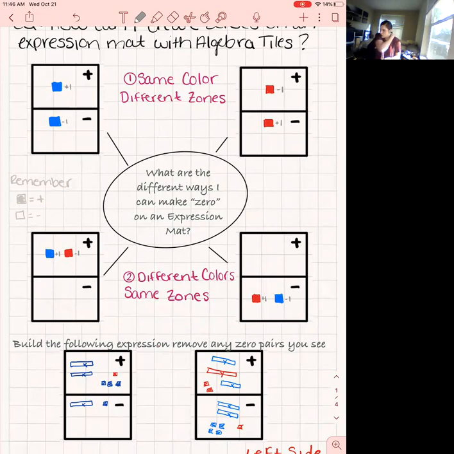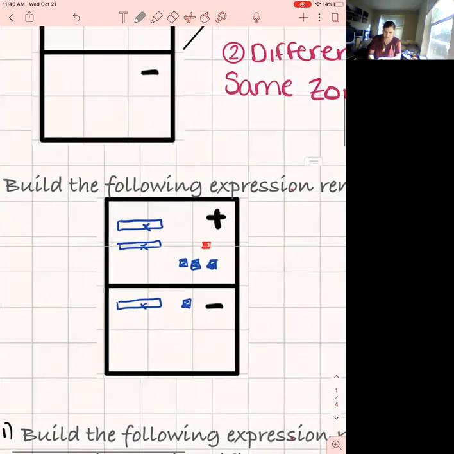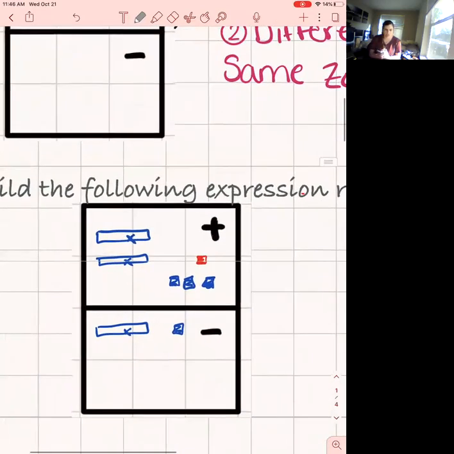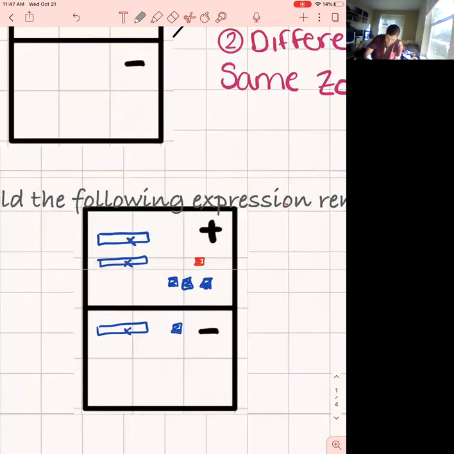All right, so we are looking for 0 pairs on this first mat. So I am looking for anything that is the same color in the opposite zones or different colors in the same. So here is what I see. The first one that I see is these X tiles.